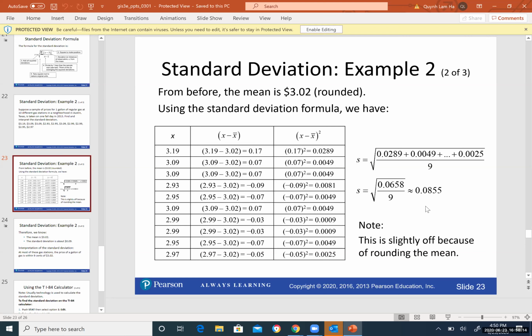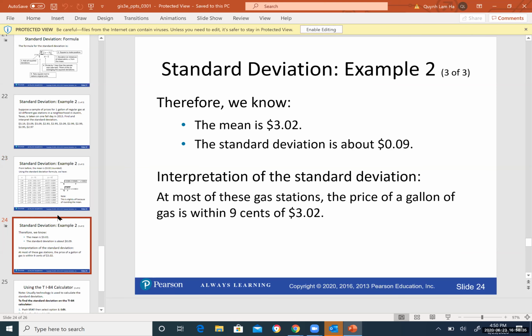Finally, you get about 0.0855. It means roughly 9 cents. The difference between each data point and the mean is about 9 cents. So we know that the mean is this, and the standard deviation is about this. What does it mean?